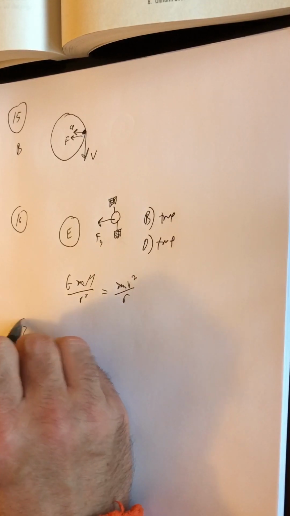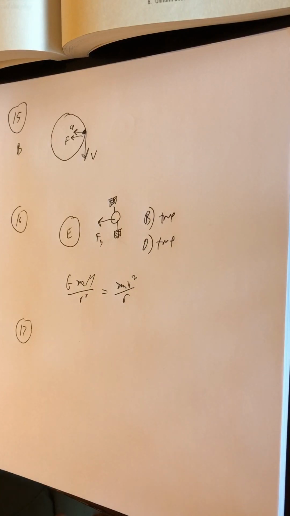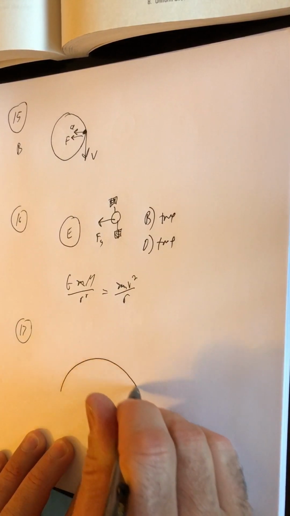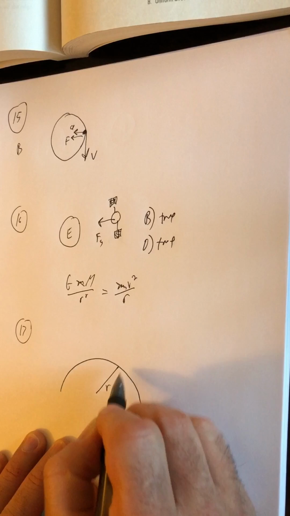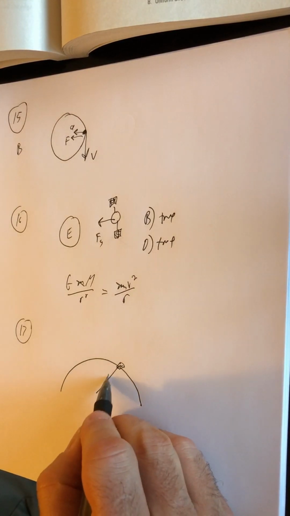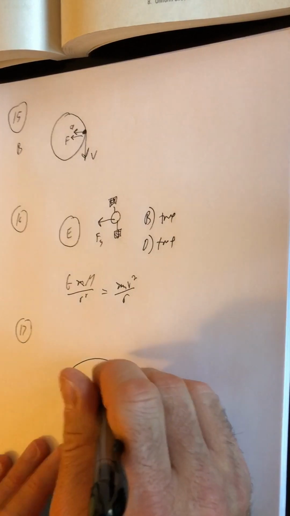And the last one, in 17, an object M is traveling at a constant speed in a circular path of radius R. How much work is done by the centripetal force during 1/2 revolution? So something's traveling in a circular path. Maybe it's a mass on a string or something like that. So this is the tension pointing inwards.